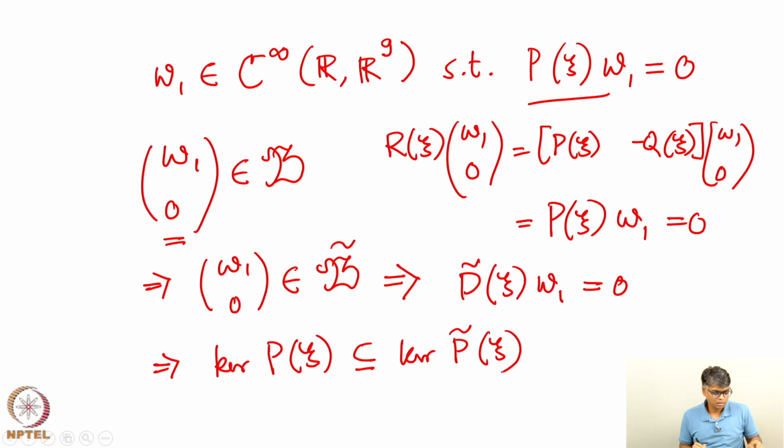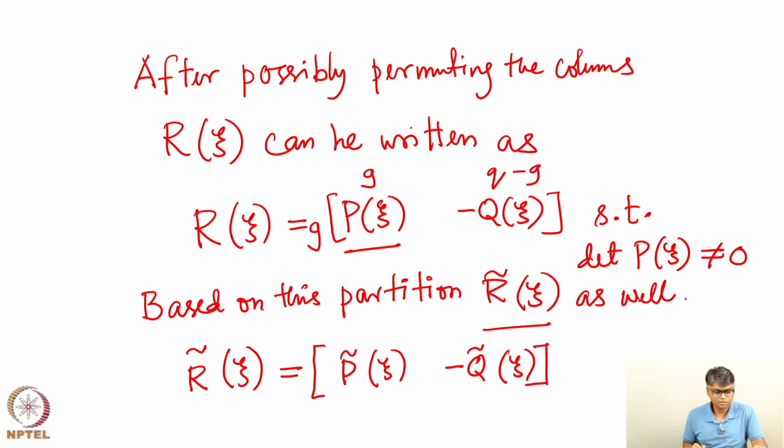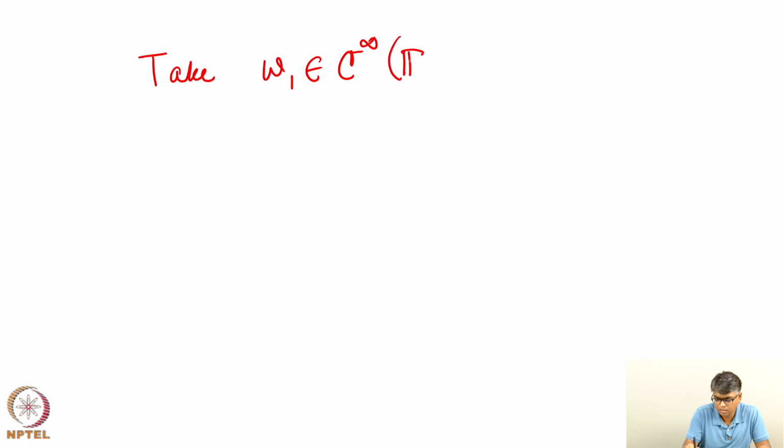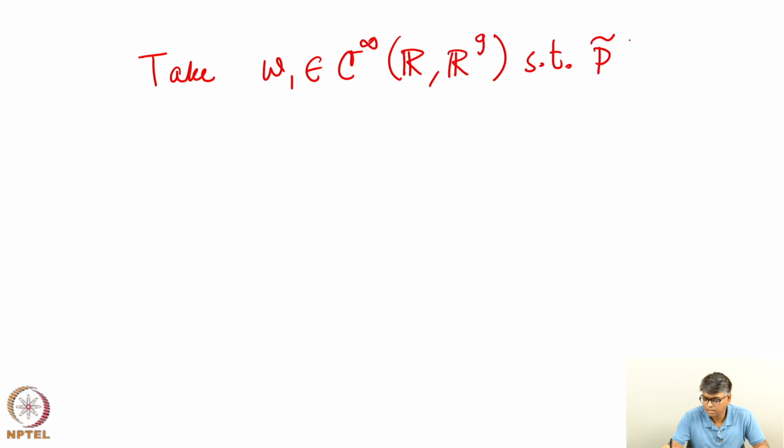Okay? Now just reverse the chain of logic. Take W1 in C infinity(R, R^G) such that P tilde(ξ) W1 is equal to 0.